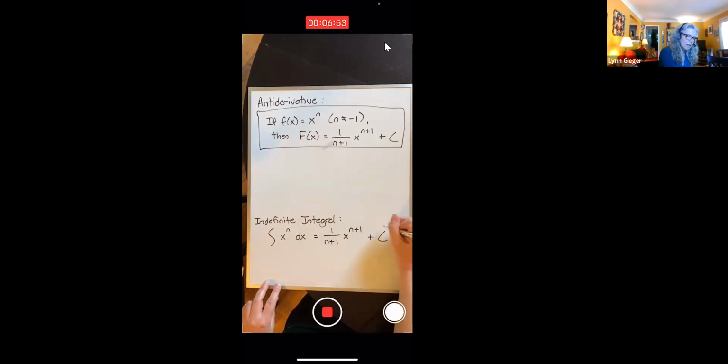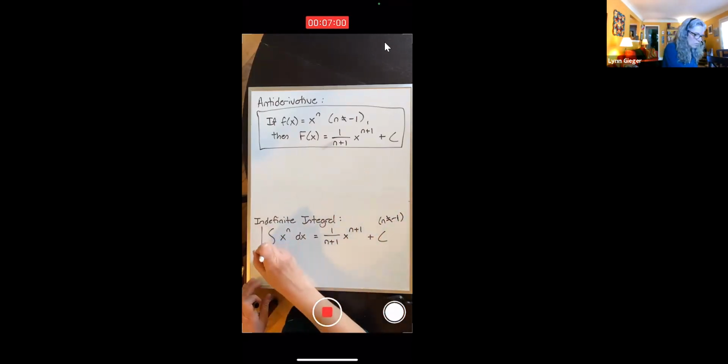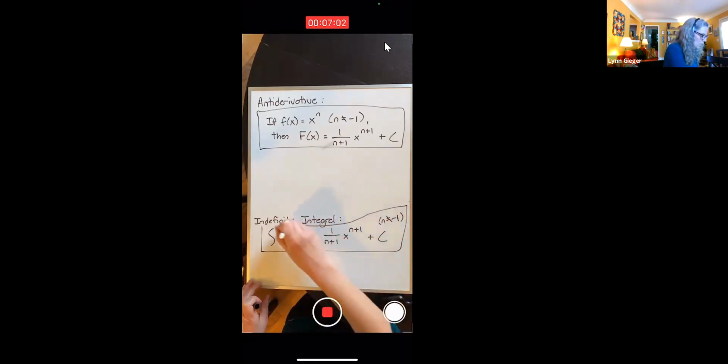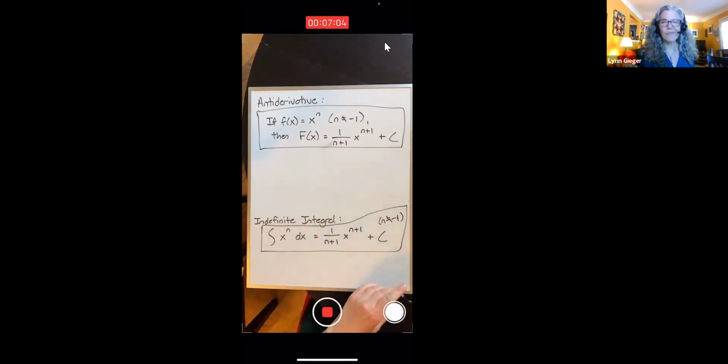And again, we'll make our little note here that n cannot equal -1, because then this would be undefined. All right, now let's talk about why it makes sense.